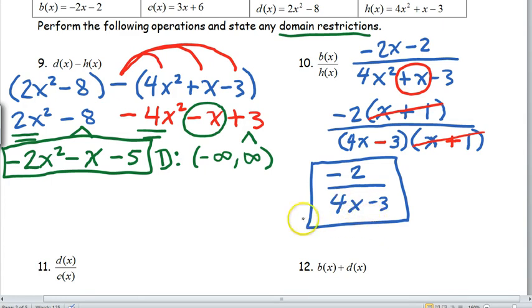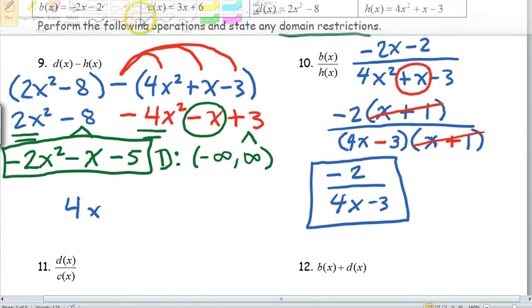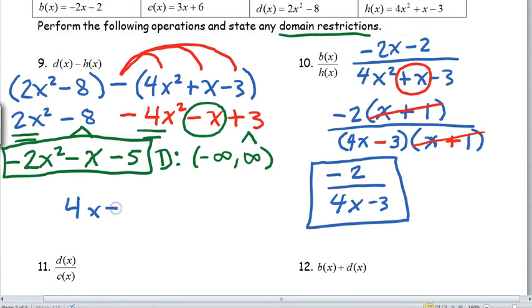Set that denominator equal to 0 like this. We know that 4x minus 3 cannot equal 0. Not allowed to be 0. The denominator can't be 0.